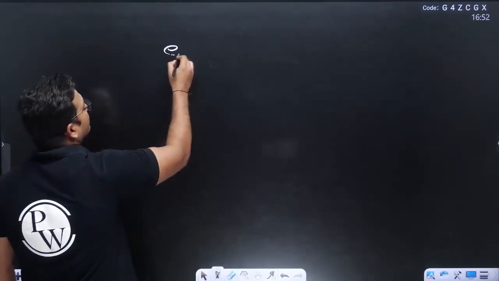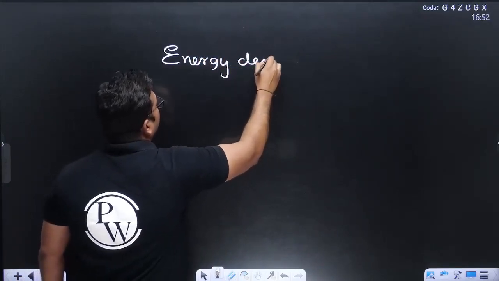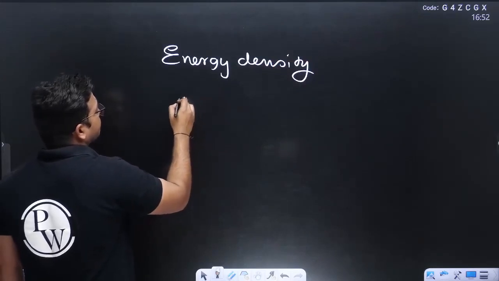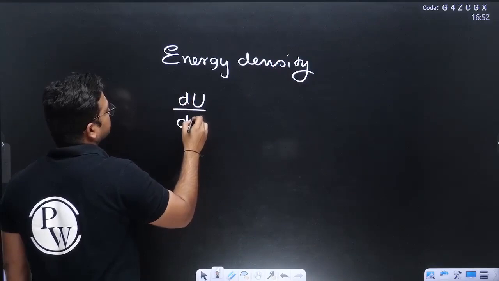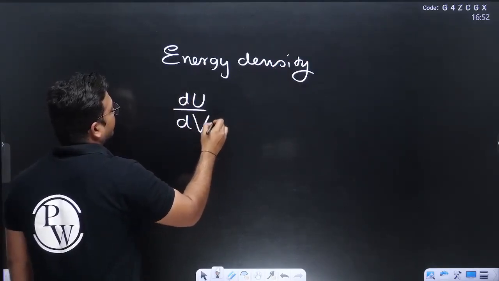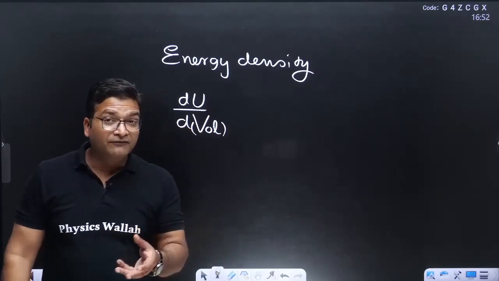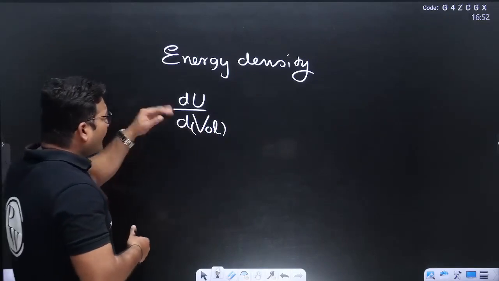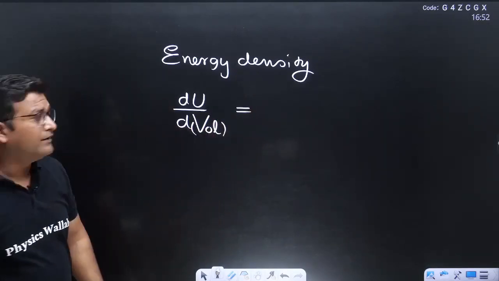Energy density is actually energy stored per unit volume. Let me write VOL as volume, because if I write only V, you may confuse this with potential. So dU by d volume is actually energy stored upon volume.